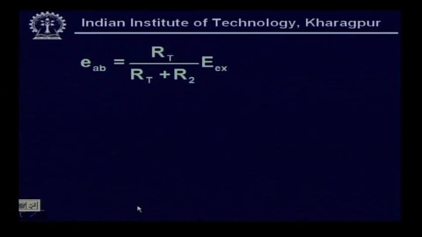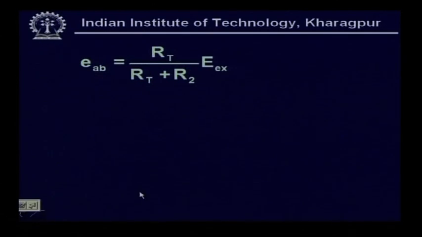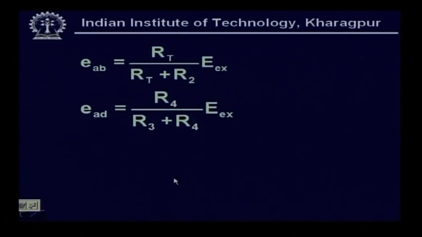Now, EAB will be equal to RT upon RT plus R2 multiplied by EEX, because this is our excitation voltage. Then EAD will be equal to R4 upon R3 plus R4 multiplied by EEX, where EX is the excitation.